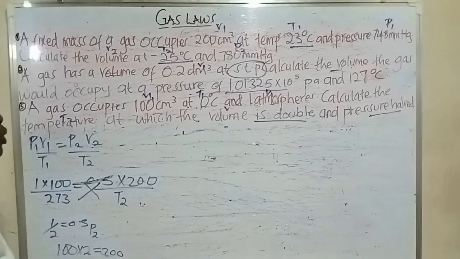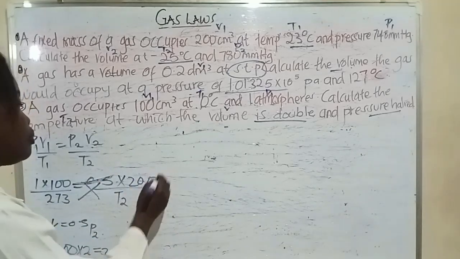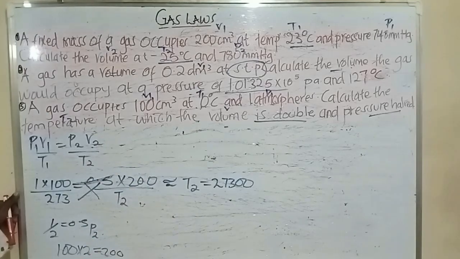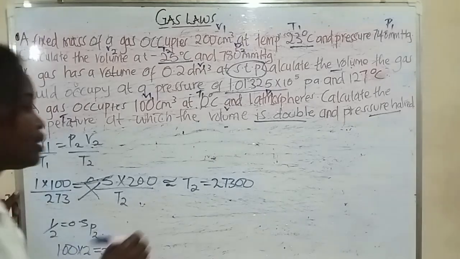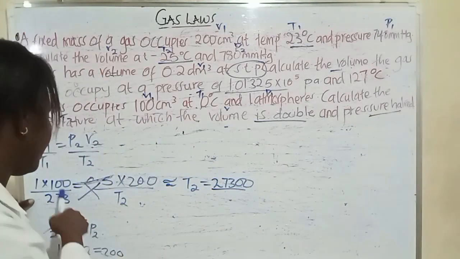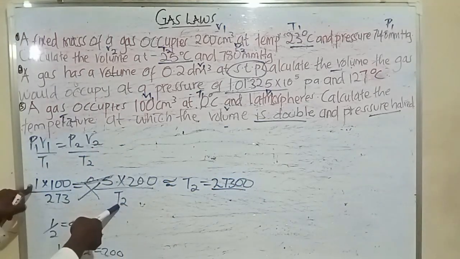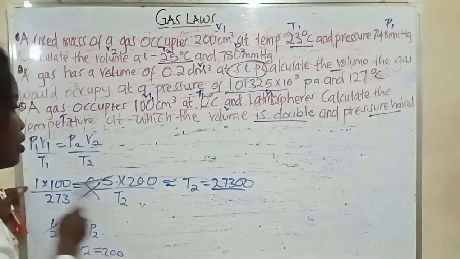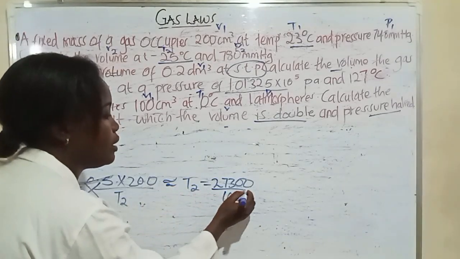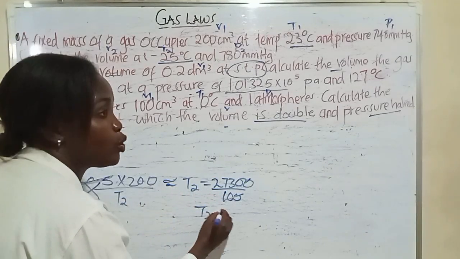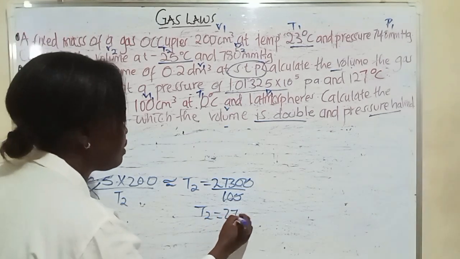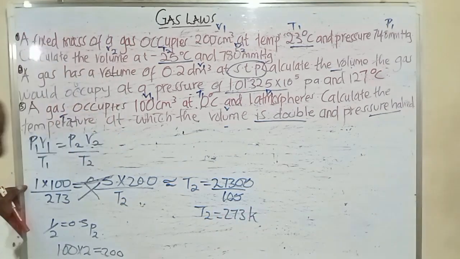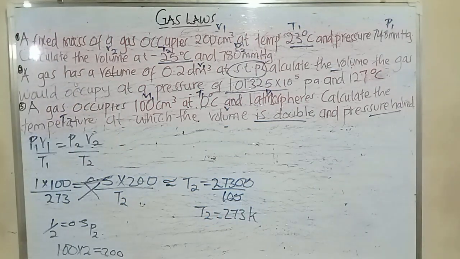Once you have cross multiplied, you make T the subject of your formula, which is equal to 27,300 over 100. This 100 over 100 cancels out, and your T2 is going to be 273 kelvins. So that is how you're supposed to answer questions under combined gas law.